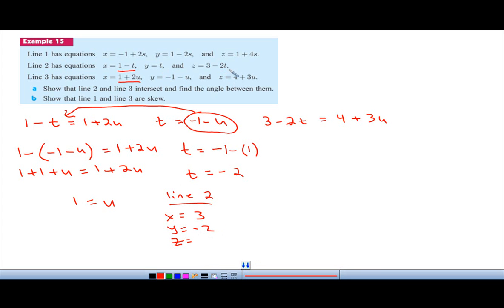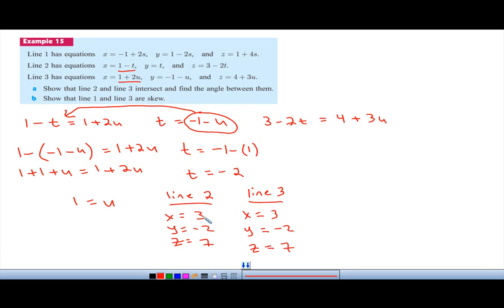And over here, if I plug in negative 2, I'll get positive 4 plus 3, which would be 7. And then for line 3, I know the u is 1, so if I plug it in here, 1 plus 2 gives me 3. I plug in the 1 here, negative 1 minus 1 is negative 2. Then I plug in the 1 here, 4 plus 3 gives me 7.